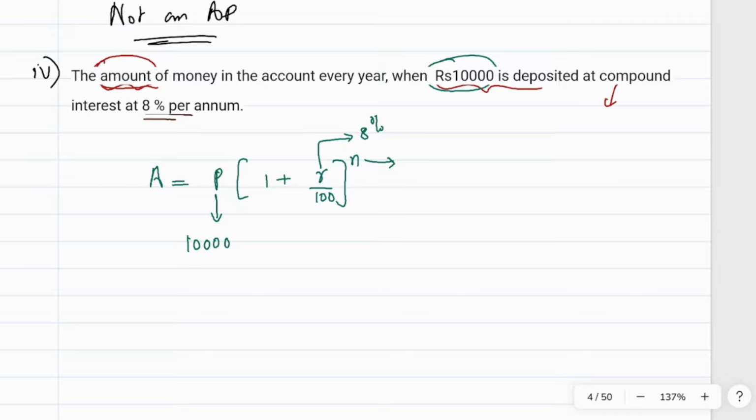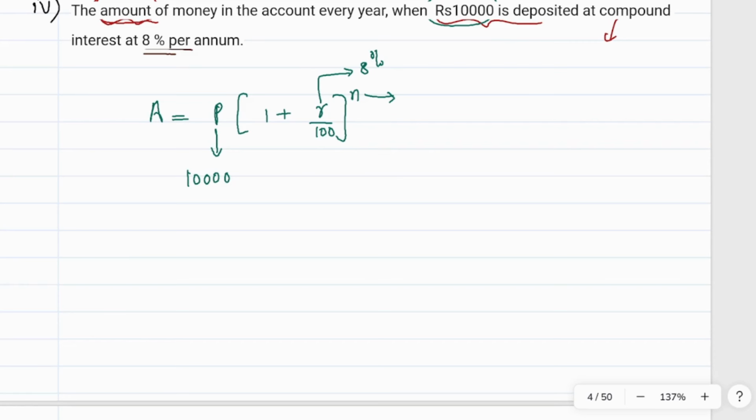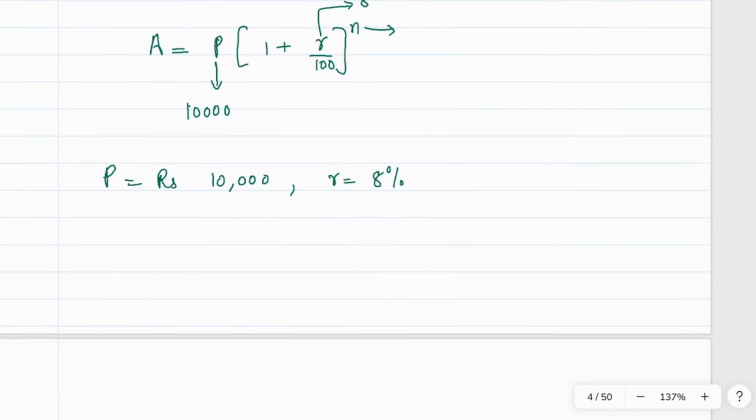In that way we will have to find the value. So now in order to solve this question, P is equal to rupees 10,000, and R is equal to 8% per annum. Let me write the amount of money after 1 year.